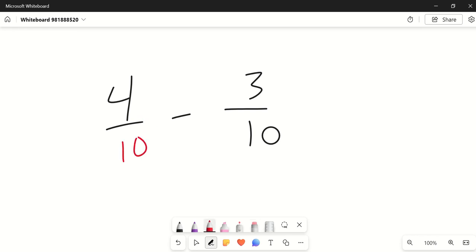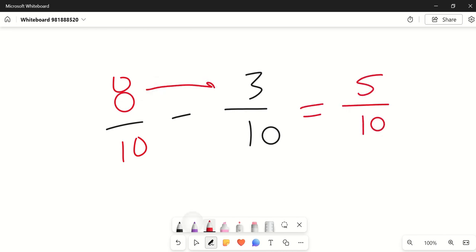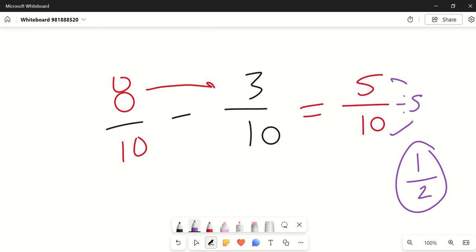We have our common denominator. 4 times 2 will become 8. 8 minus 3 will become 5. 5/10, and this is not simplified. So I divide both by 5, which will give me 1/2. 5 divided by 5 is 1, 10 divided by 5 is 2. Therefore, my answer is 1/2 on this one.